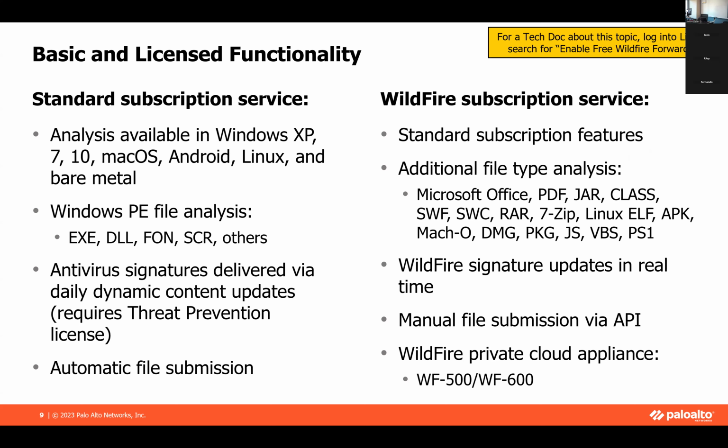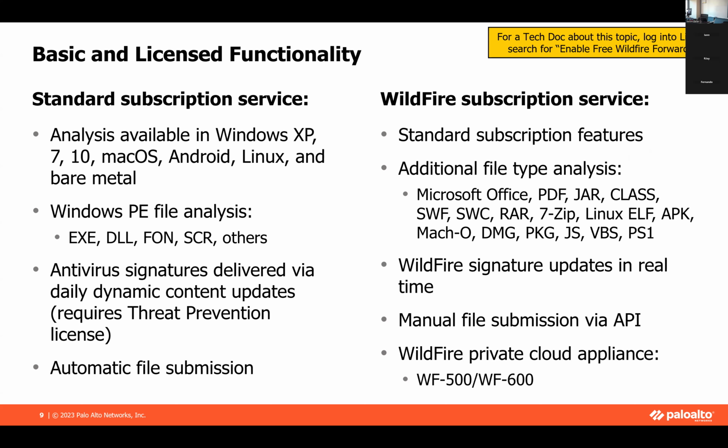All right. So the standard subscription service is going to have analysis available for Windows XP, 7, 10, Mac OS, Linux, Android, and bare metal. On the Windows PE file analysis, it'll look for EXEs, DLLs, FONs, SCRs, and others. Antivirus signatures are then delivered via a daily content update that requires that threat prevention license, and then you have an automatic file submission.